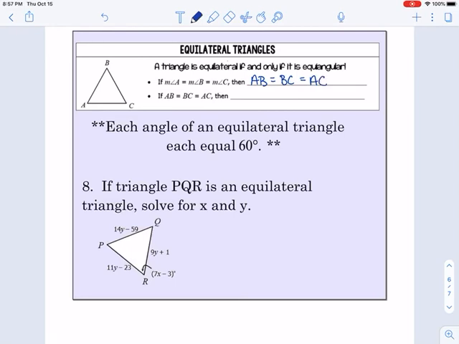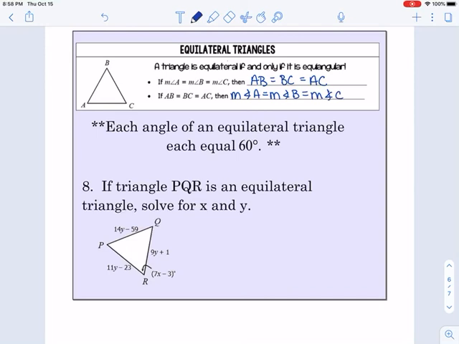And then the exact opposite is also true. If I tell you that all three sides are equal, so if AB equals BC, which equals AC, then the three angles will be equal. So the measure of angle A is going to equal the measure of angle B, which is going to equal the measure of angle C.